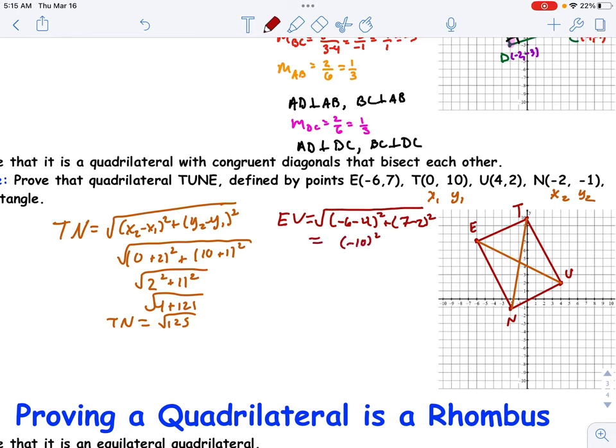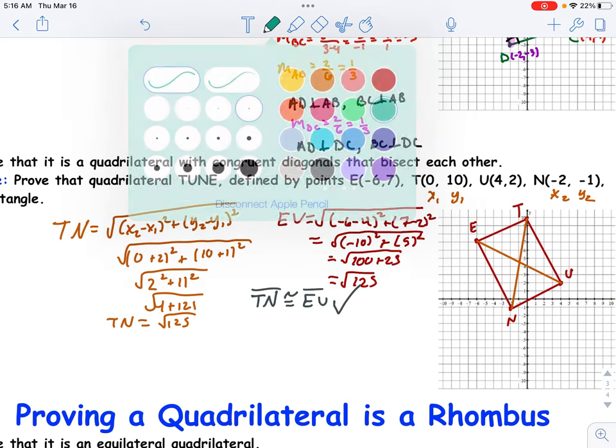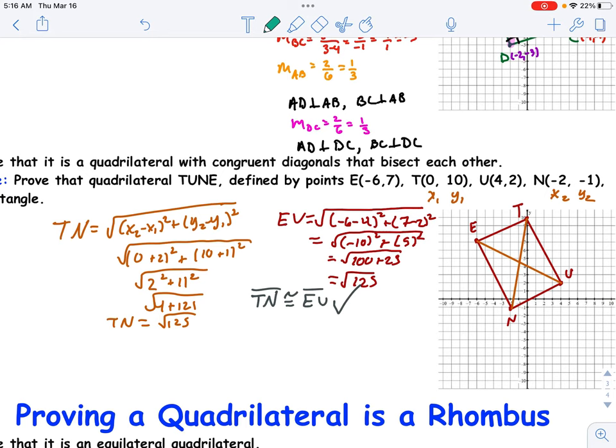Alright, so we're going to get negative 10 squared plus 5 squared, 100 plus 25, 125. Alright, so we know that diagonals are congruent. So we did prove that segment TN is congruent to segment EU. Check. Alright, now we have to say, do they bisect each other? Alright, are they the same midpoint?